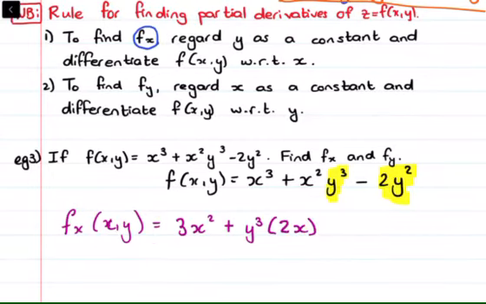And then what is the derivative of minus 2y squared with respect to x? Since it's highlighted, we are treating it as a number. And what is the derivative of a constant? The derivative of a constant is 0. So minus 0. So then this is 3x squared plus 2xy cubed.